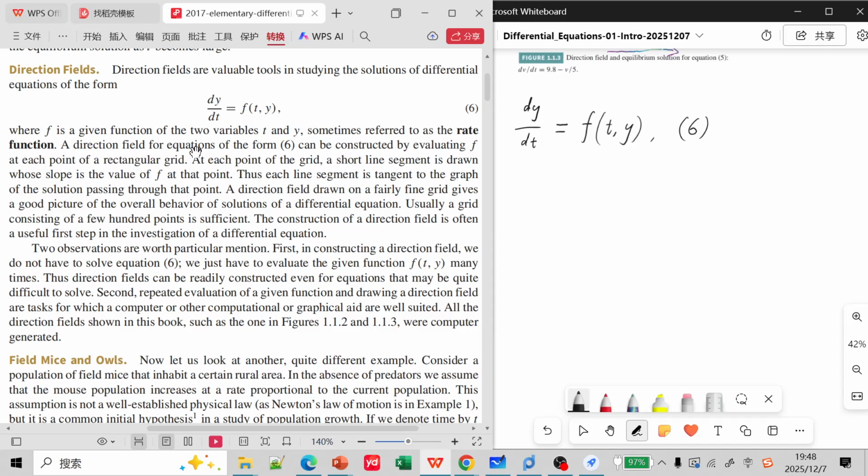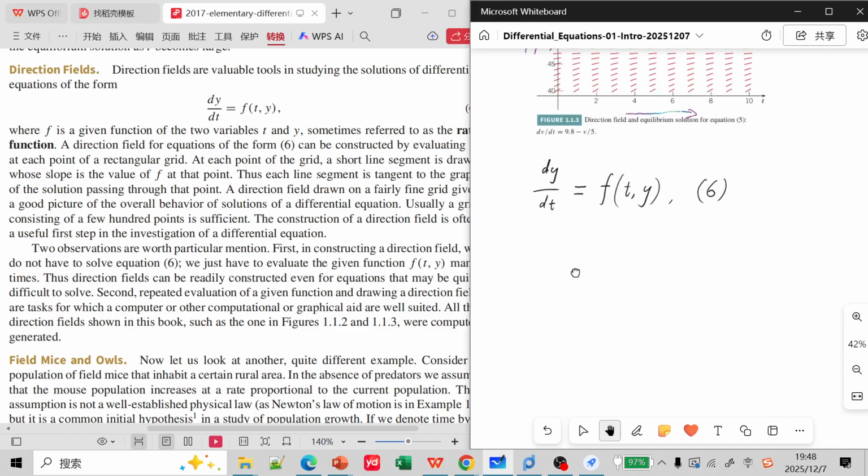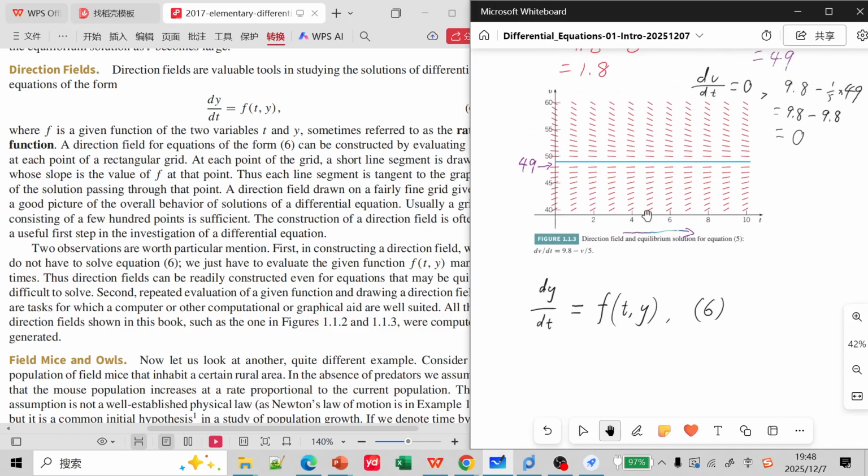A direction field for equations of the form 6 can be constructed by evaluating f at each point of a rectangular grid. At each point of the grid, a short line segment is drawn, as in this figure, whose slope is the value of f at that point.